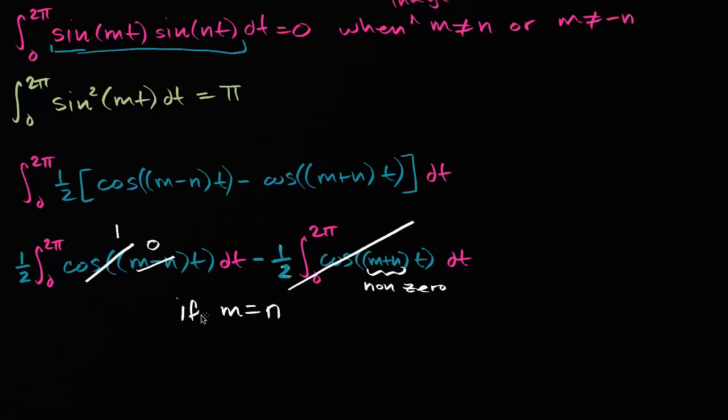And so in the case where m is equal to n, this whole thing simplifies to 1/2 times the integral from 0 to 2 pi of 1 dt, if we like. Remember, this is the case where m is equal to n. And so what is that going to be equal to? Well, that's going to be equal to 1/2 times, well, the antiderivative of 1 is just t.